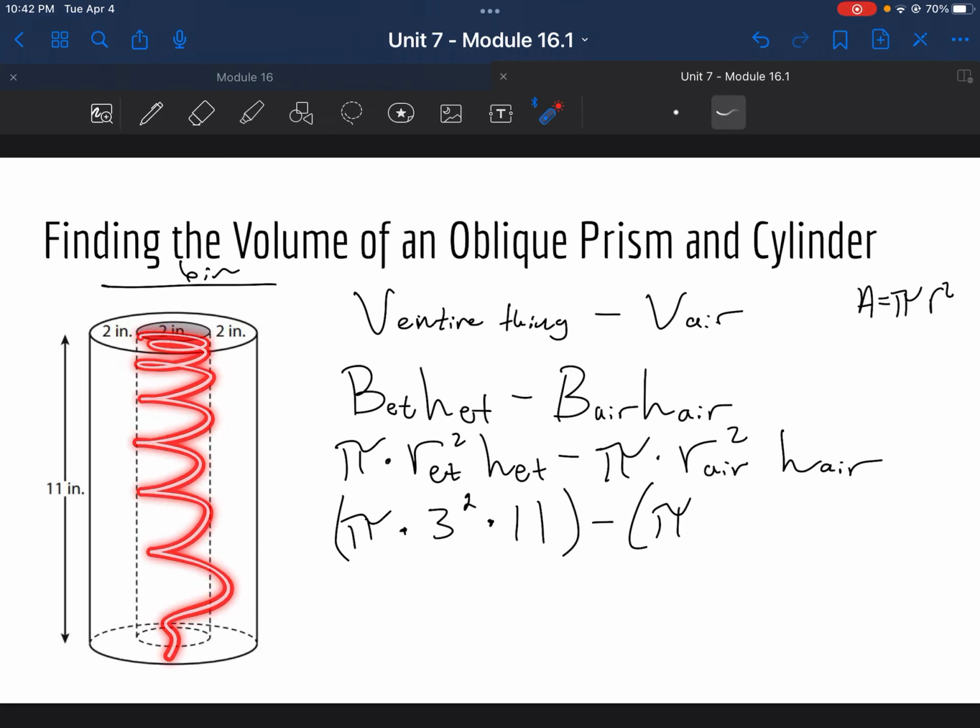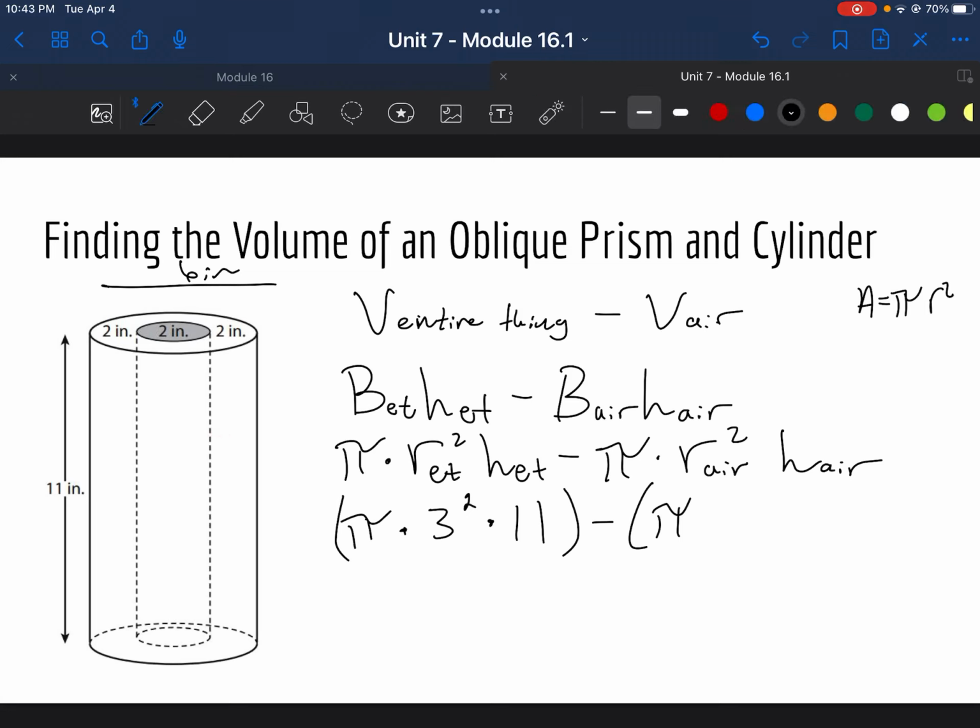So we're just looking at the air now. The diameter of the air is going to be 2 inches. That means that the radius of just the air is going to be half of that, so just 1 inch. So we're going to do 1 squared, and then multiply it by the height, so 11.